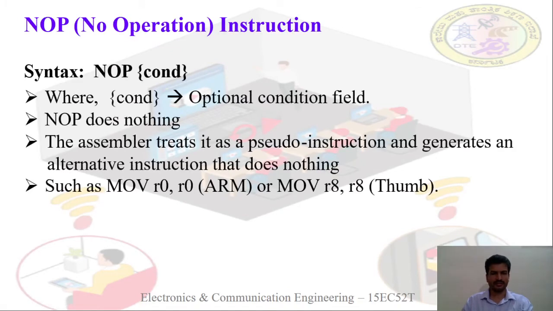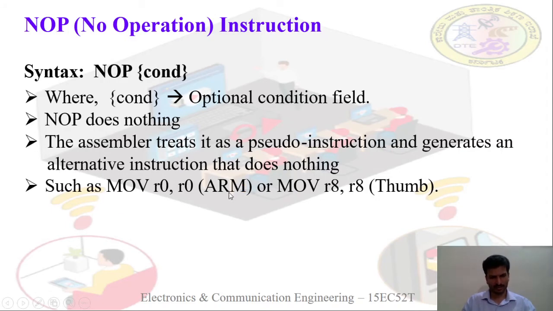So the next instruction is NOP, no operation instruction. The syntax is NOP, and this also can be conditionally executed, and this is an optional field. So NOP, no operation, does nothing. The assembler treats it as a pseudo instruction and generates an alternative instruction that does nothing.